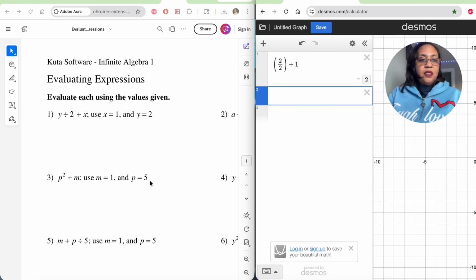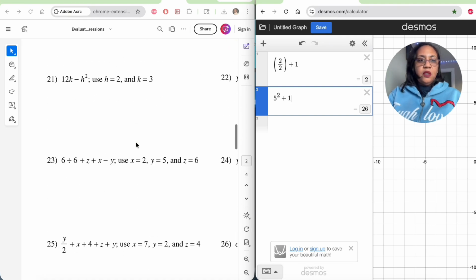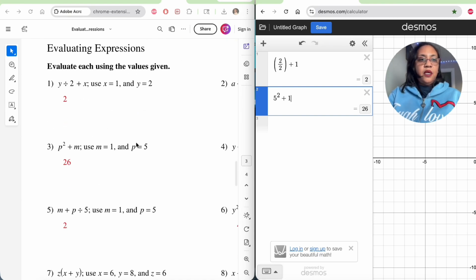Let's see, P is equal to 5 and M is equal to 1. So I would just do 5, shift 6, caret key squared, or 2, and then plus 1. Now, with these Kuta Software worksheets, you can actually see your answer right here.